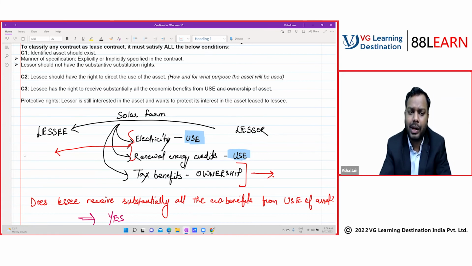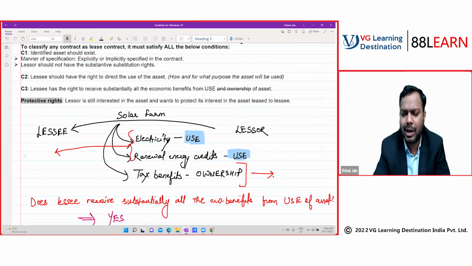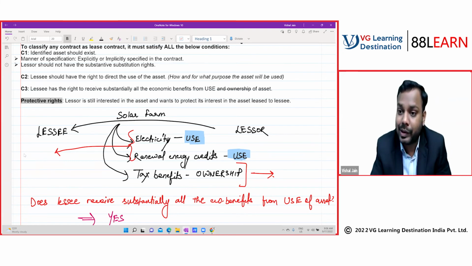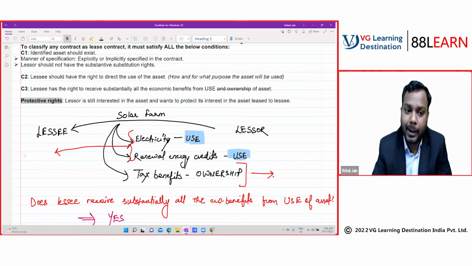Now tell me, with the inclusion of protective rights, will it impact the classification of a lease? Yes, it is violating it. It is violating, but definitely everyone has to work within a certain ambit, right? Everyone has to work within a certain ambit.